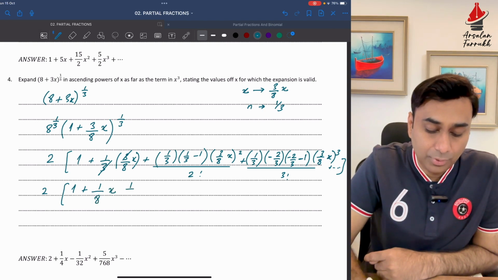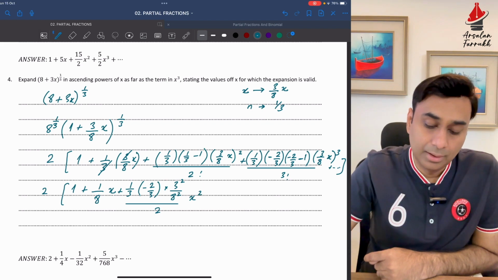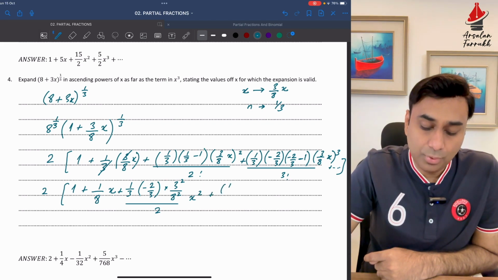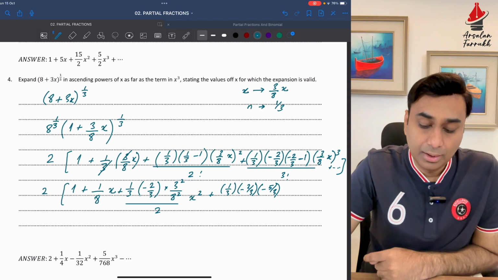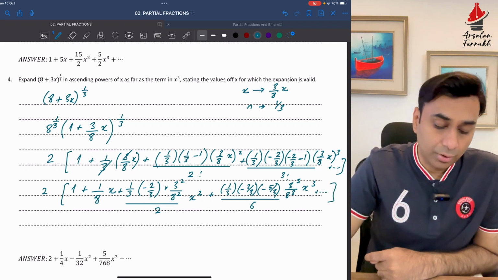And then this is going to be 1 upon 3 and minus 2 upon 3 times 3 square upon 8 square divided by 2 x square, plus 1 upon 3 times minus 2 upon 3 times minus 5 upon 3, 3 cube divided by 8 cube x cube divided by 3 factorial, which is 3 times 2, and that would be equal to 6.